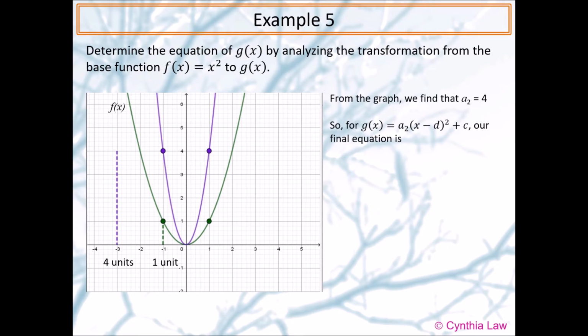So now we can come up with a final equation. g of x equals a subscript 2 multiplied by, open bracket, x minus d, close bracket, squared, plus c.